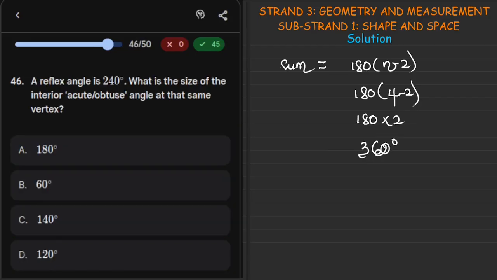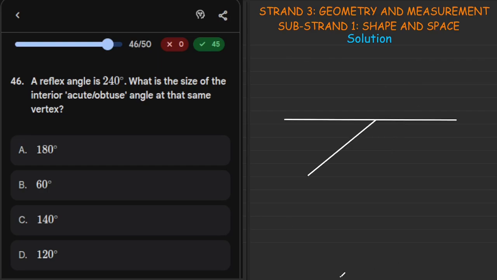Question number 46. It says a reflex angle is 240. What is the size of the interior obtuse angle at the same vertex? So what does this mean? What they mean here is if you have to draw something like this, you see, this whole angle here is 240 degrees.